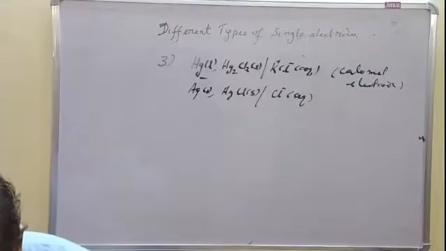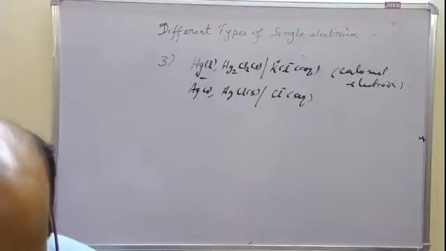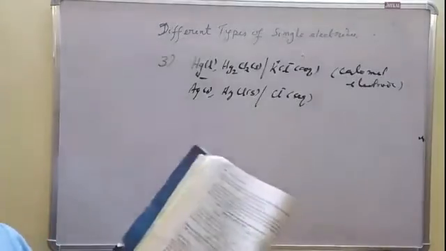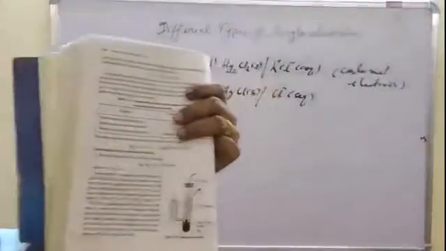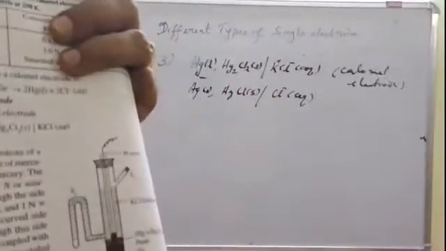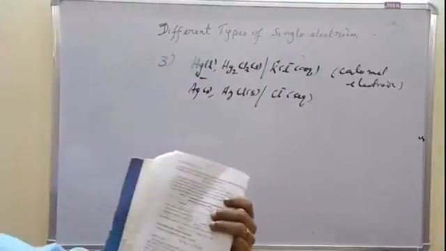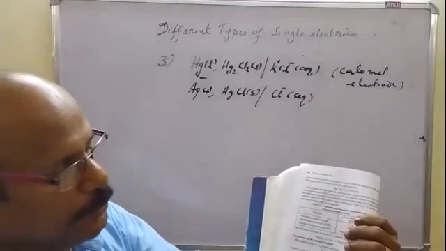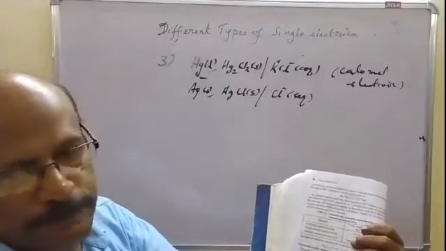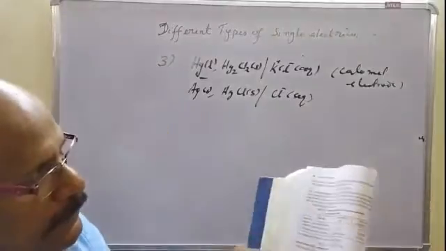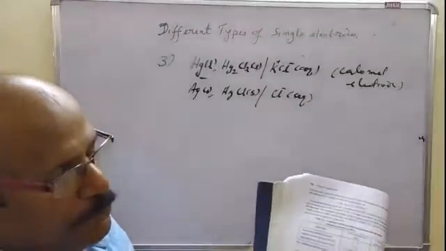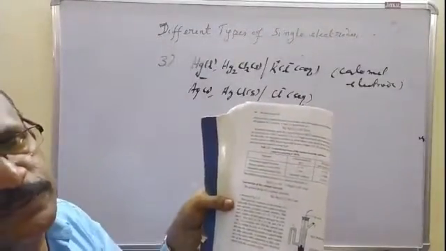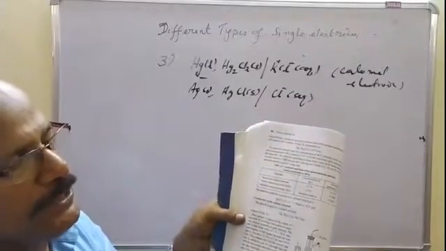I can show you the calomel electrode. It's an assembly of the calomel electrode. Look at the picture. This is a glass tube with a side tube and a side bent tube. The bottom portion of the glass tube is filled with some mercury.